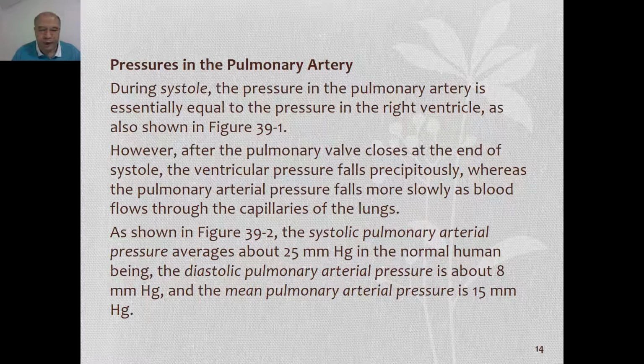As shown in figure 39.2, the systolic pulmonary arterial pressure averages about 25 mm mercury in the normal human being. The diastolic pulmonary arterial pressure is about 8 mm mercury, and the mean pulmonary arterial pressure is 15 mm mercury.